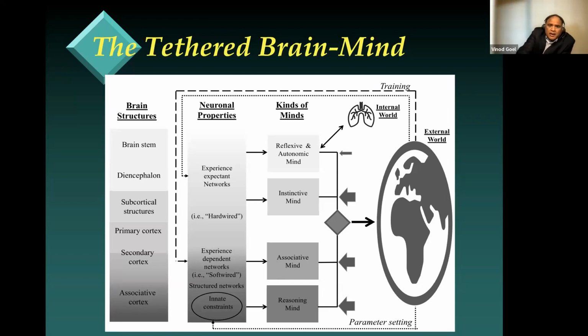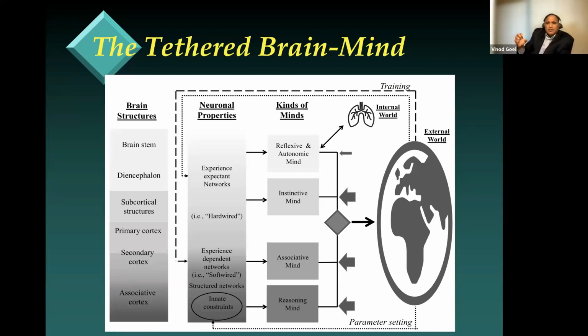And there is a mapping there: reflexive systems and instinctive systems rely more solely on experience-expectant networks, while the associative system, the reasoning mind, relies more on experience-dependent networks.